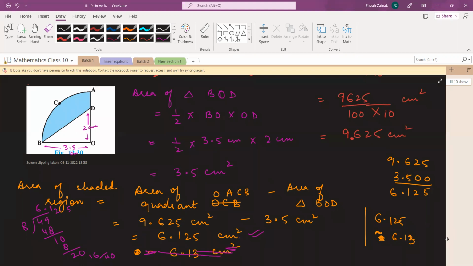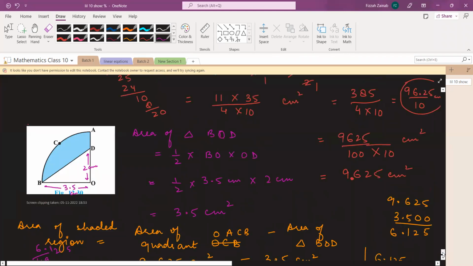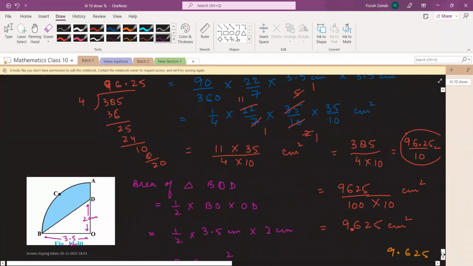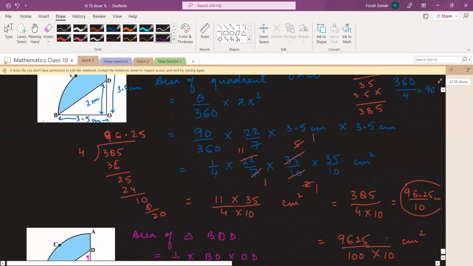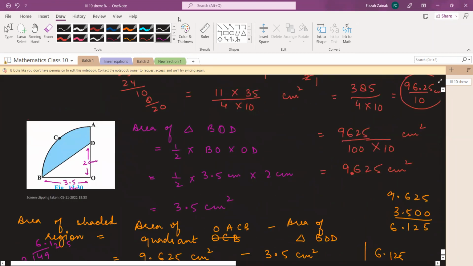Now, why are they getting it in fraction in NCERT? Because when I was finding the area of the quadrant, let me show you. Note this step, or even here.